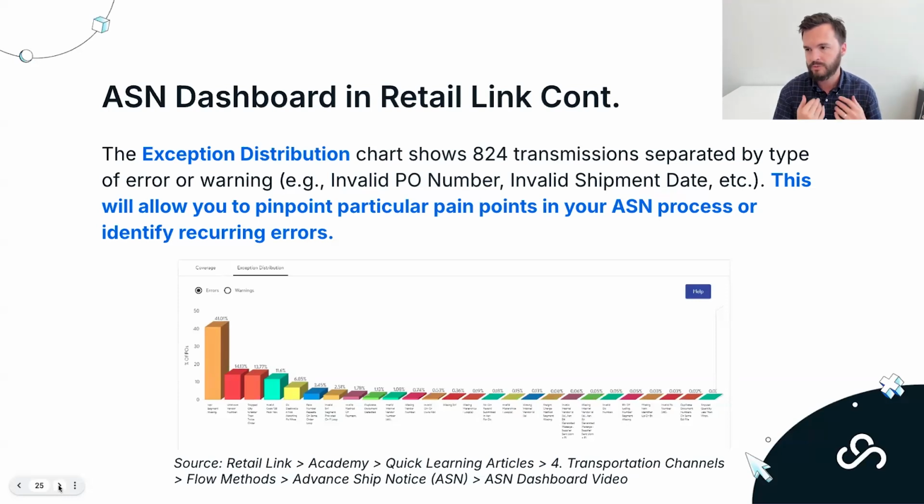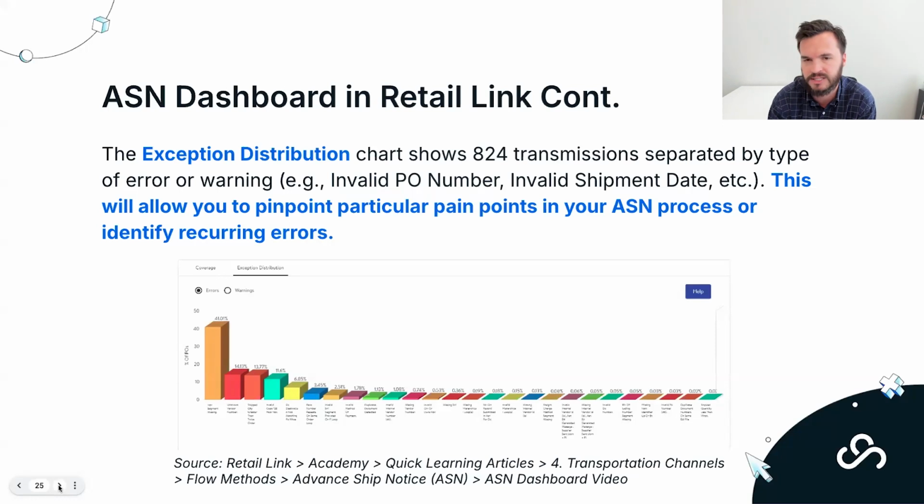But for the most part, we would assume that there's about 5 or 6 that are going to break that 1% barrier. You're going to see a lot of really unique ones that happen as one-offs because of human error or something like that. But you really want to pay attention to those that are breaking the 1%, the higher volume ones, where 1% or more of your ASNs are getting hit with this specific 824.